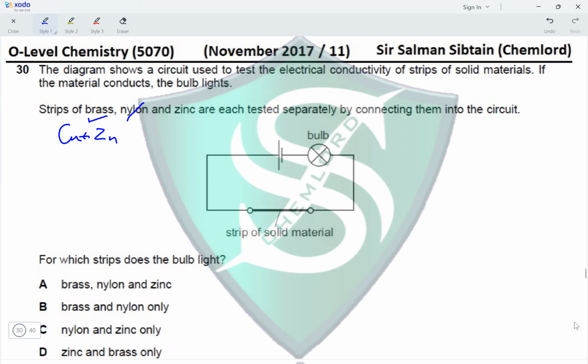Nylon is a non-metal. Zinc is a metal. So for which strips does the bulb light? Brass, nylon, and zinc? It will not light up for nylon. Brass and nylon? Will not light up with nylon. Nylon and zinc? Will not light up with nylon. Zinc and brass only, yes. Therefore, the correct option for this question is option D.